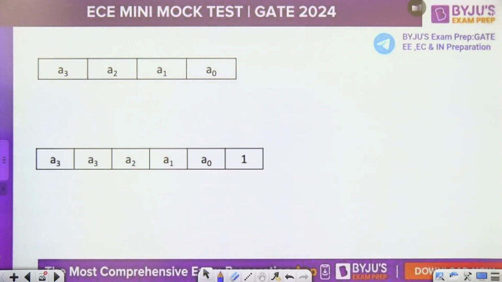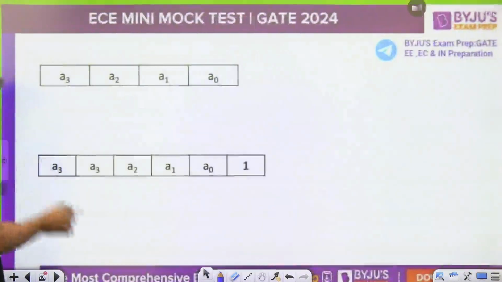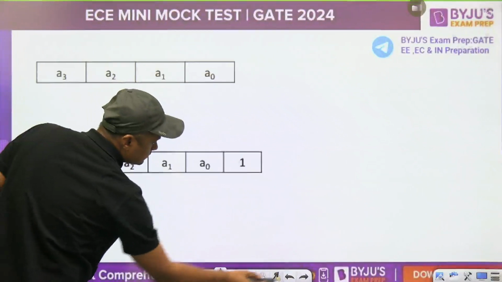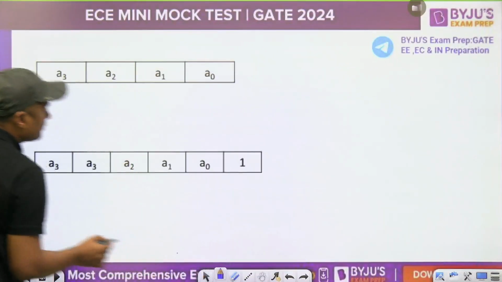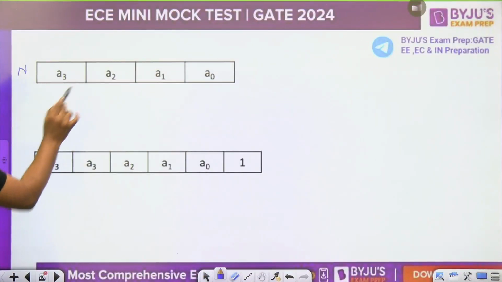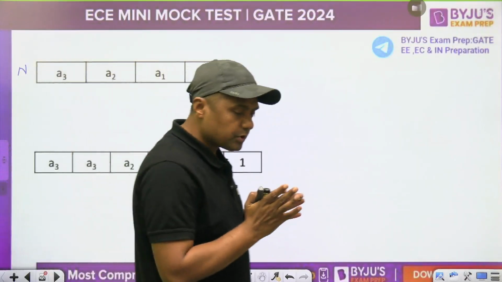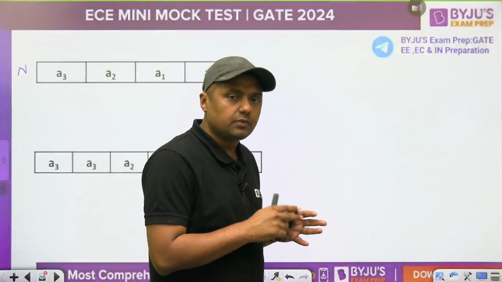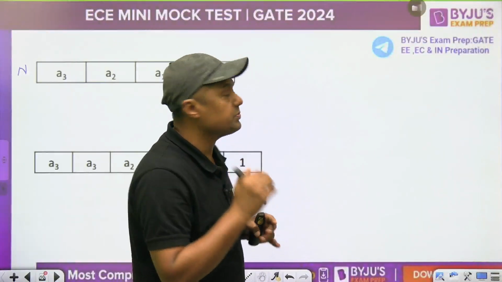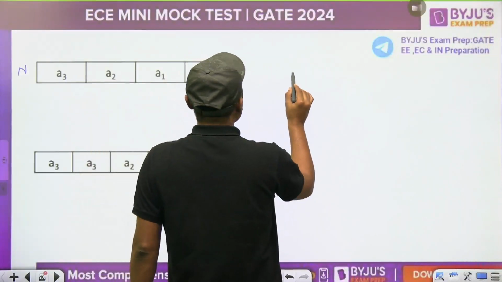First of all, it is a two's complement representation. Suppose you want to make it a 6-digit number from a 4-digit number, then you have to repeat what? The MSB. So you can repeat the MSB 2 times.